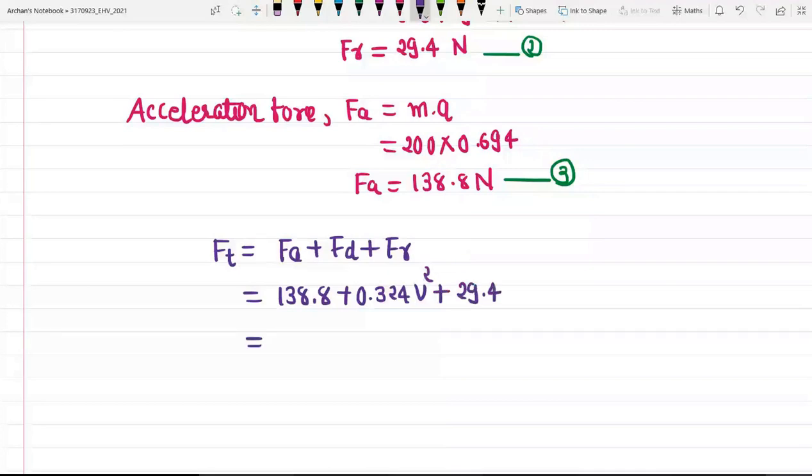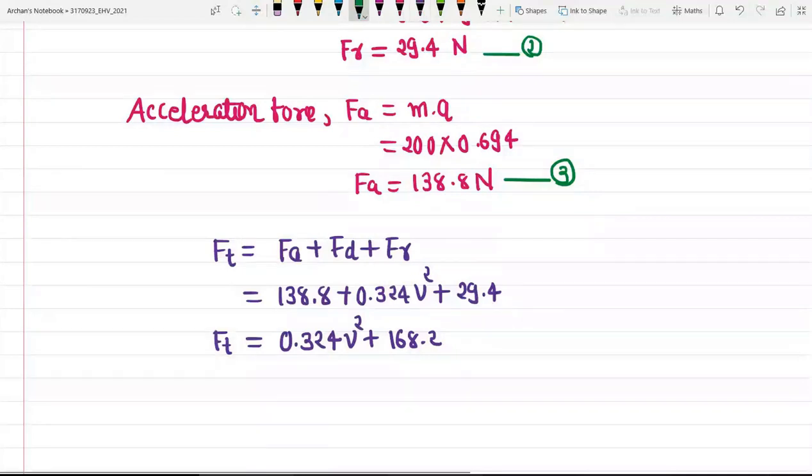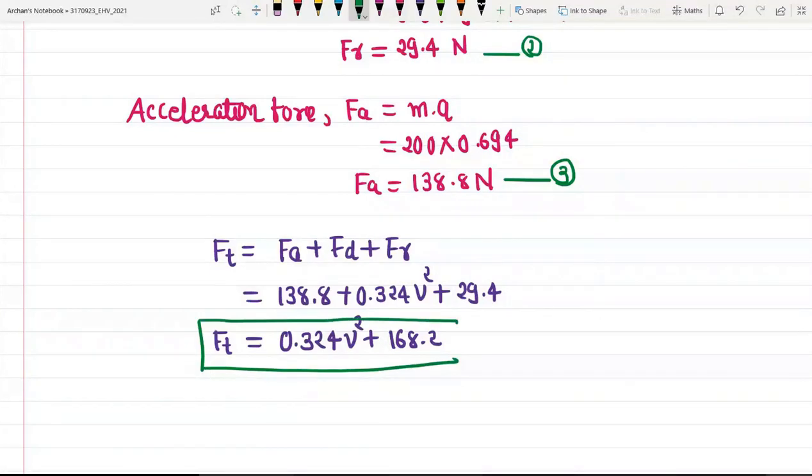So we will have 168.2 plus 0.324 V square. So this is the generalized equation of total tractive force required to reach 50 km per hour in 20 seconds.